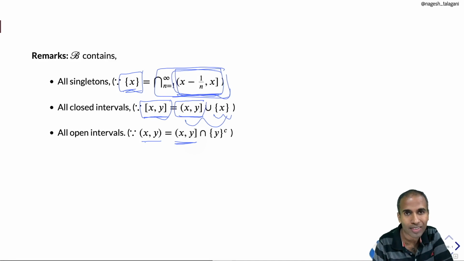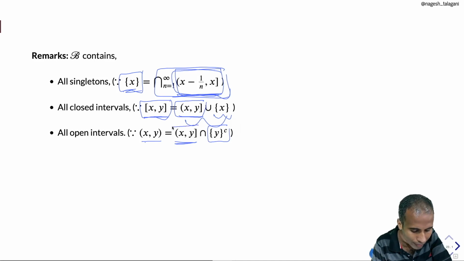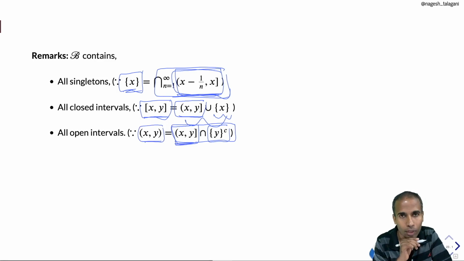So this is an element of the Borel sigma field, and this is a basic element of the Borel sigma field, and a sigma field must also be closed under finite intersection. That's why this intersection must also be in the Borel sigma field. This happens to be the open interval (x,y).